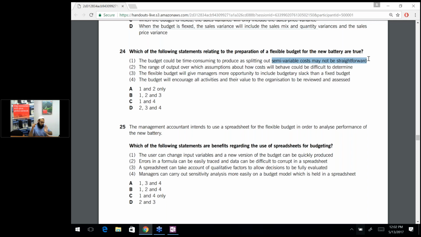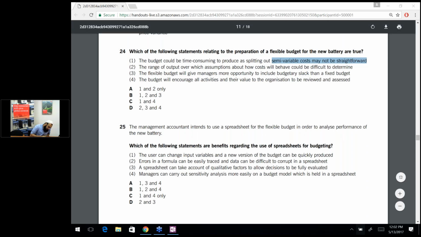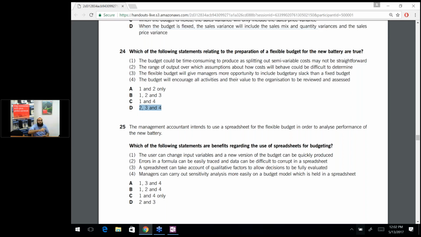It's A, it's B, it's C, but in D there is no one. So D is out of question, because you're confident about statement 1 being correct.